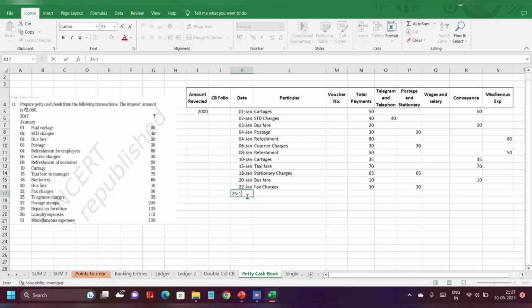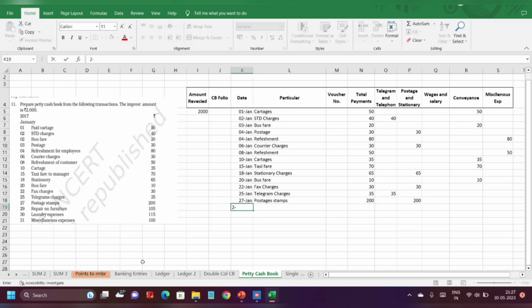Next, 25th, telegram charges, amount of 35, telegram column 35. 27th January, postage stamps, 200 rupees, postage column 200 rupees.